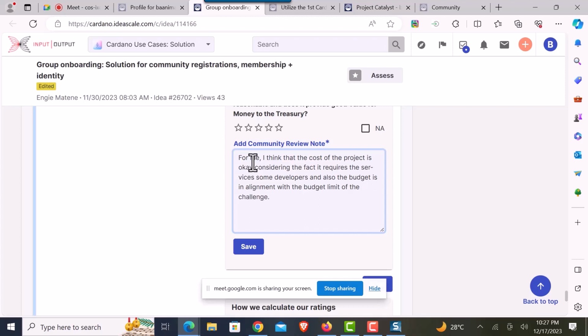Yes, so we can also add another sentence, then we close it. We have to make sure we are not below 150 characters.